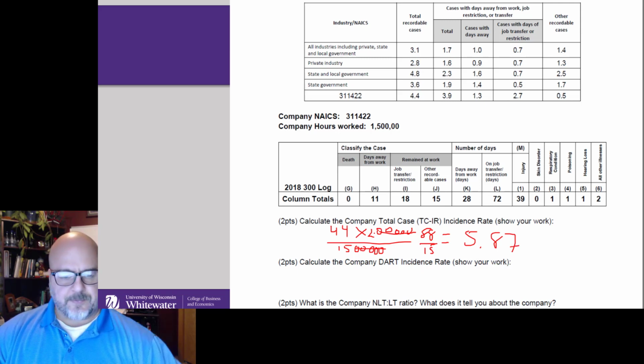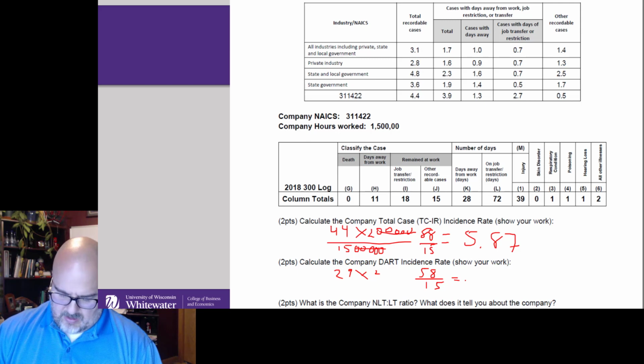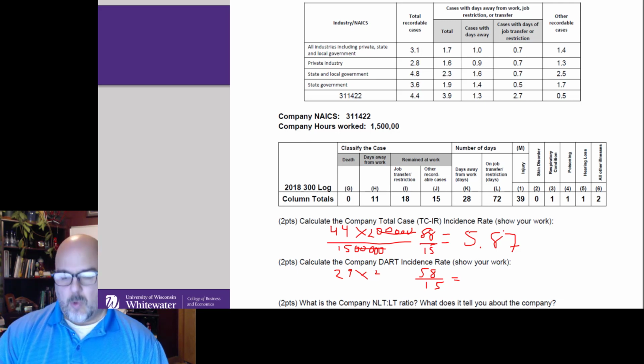The DART, again, is the H and I, so it is 29. 29 times the 200,000 divided by it, so I could just take 2 times that, which is 58, divided by 15. 58 divided by 15 is 3.87.